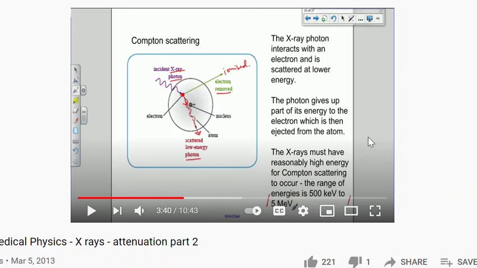It does occur at lower energy ranges, but what you need to pull away from this is that the photoelectric effect that he said occurred at 100 kVp or below, and then Compton effect takes over at a higher kVp level, still applies, and that is that at low kVp levels we get a lot of photoelectric effect.